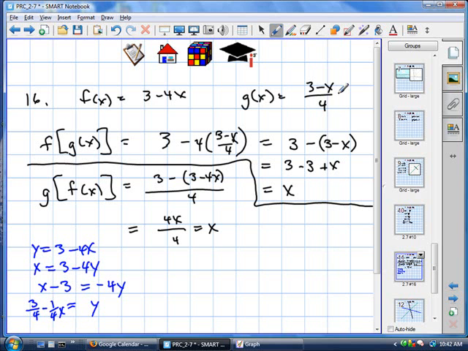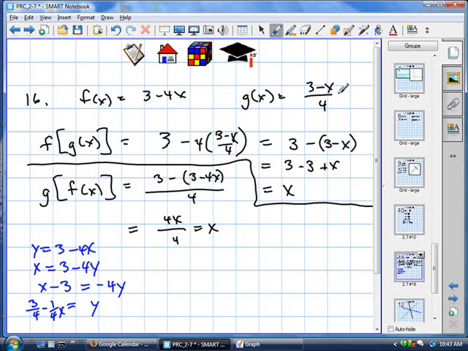Okay, if you carry out the minus sign on the top, doesn't this become 3 minus 3 plus 4x? And 3 minus 3 is gone. And sure enough, the 4's cancel, and again, voila, I get x. We have proven algebraically that this is the inverse of this, and vice versa, that this is the inverse of that. Once you found inverses, they're inverses of each other.